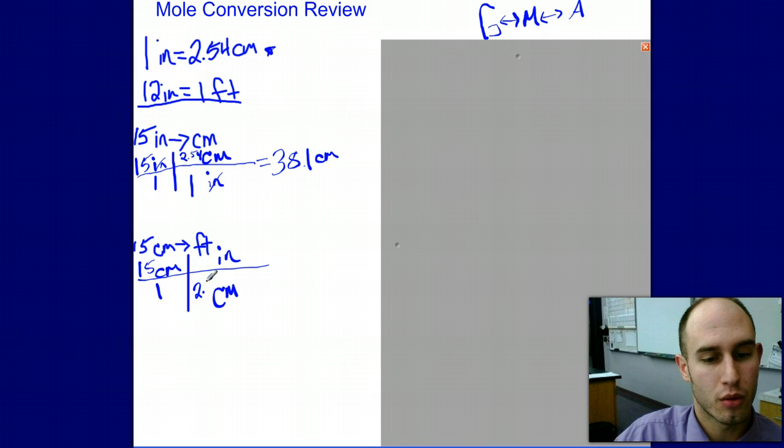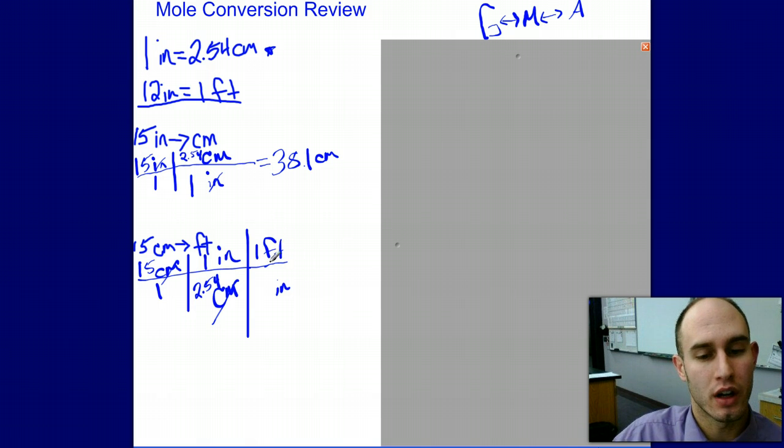So down here I will have centimeters, and on the top I need to get it into inches first. So 2.54, again I'm getting this directly from my conversion up here, to 1 inch. Centimeters cancel. I'm in inches, so 1 inch on top. I need 1 inch on the bottom down here, and I can do an inch to foot conversion. I know that in 1 foot, the bigger one gets the 1, there are 12 inches. If you weren't sure on that, right up here in our conversions, you can look, and that tells you 1 foot, 12 inches.